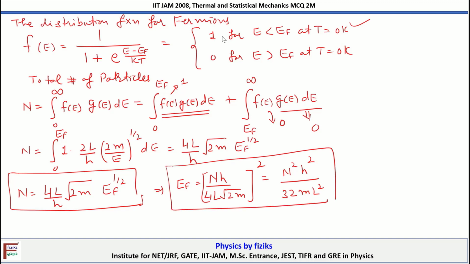Now we need to find the mean energy per particle.